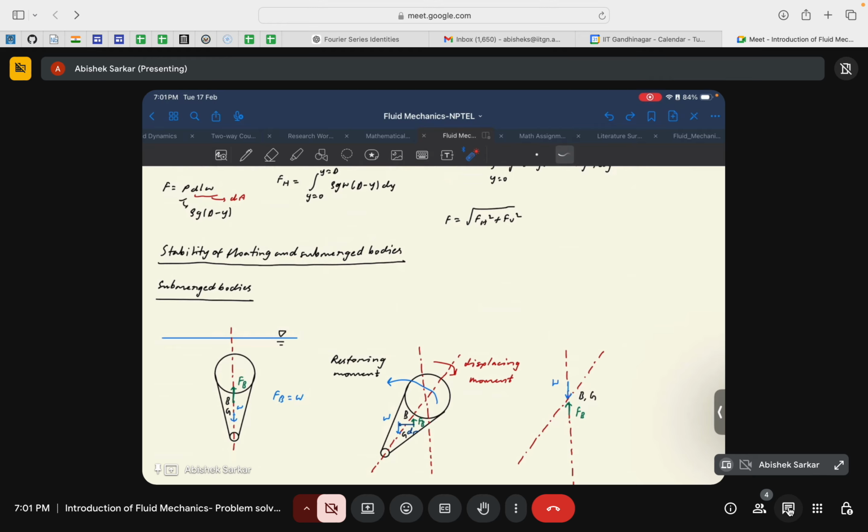So if there's any doubt in this particular derivation, you might ask, or else I will proceed further, okay. So two topics remain: stability of floating and submerged bodies, and rigid body motion analysis. I'll quickly go through both of them.